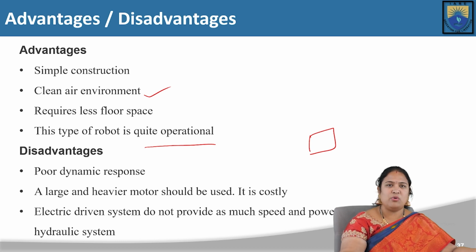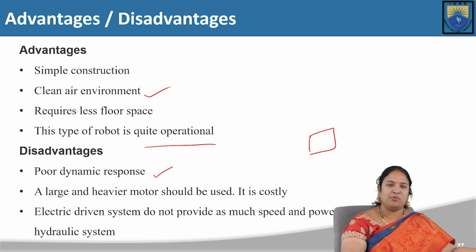Right. For small scale industries, we can use electric driven motors, whereas for large scale industries, we will be using hydraulic driven systems. Whereas for medium scale industries, we will be using the pneumatic type of driving system. We have a few disadvantages, that is poor dynamic response.